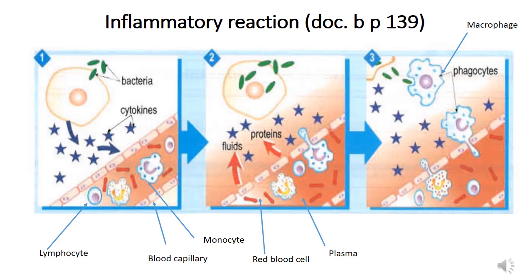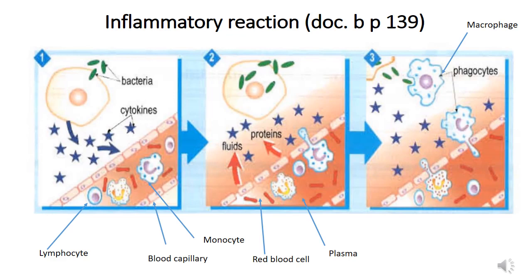When bacteria enter a tissue, the infected cells that are present in the tissue and some white blood cells release a variety of chemical messengers called cytokines. You see them in blue, the blue stars. These are small soluble molecules that act on different target cells, and they have local and systemic effects.